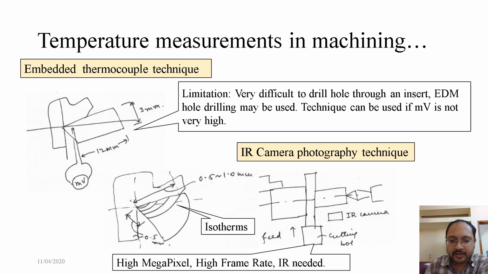This photograph, which you get as fringes, also called isotherm lines, which you find on the bottom left, in this case each line maintains the same temperature. So this method, the IR camera photography technique, is widely used where we are interested to get a series of isotherms over a period of machining time.